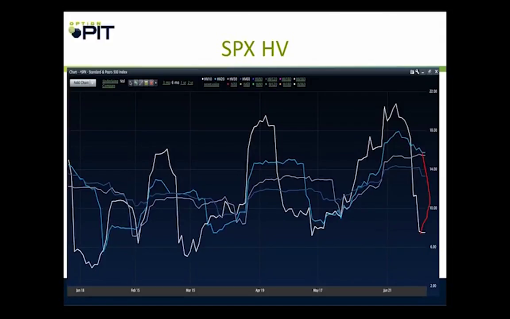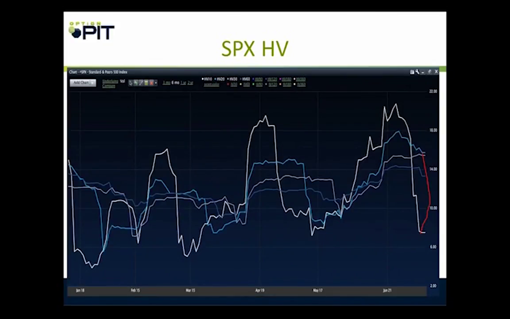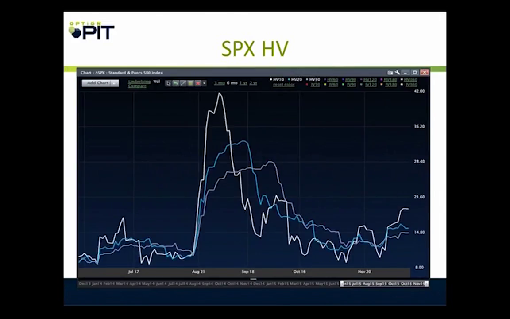It's dropping. So there might be a real change in movement. Here's another one, right? What's happening here? Picture one, it looks like vol's dropping. Picture two, looks like it's kind of bottoming and it's starting to rally.